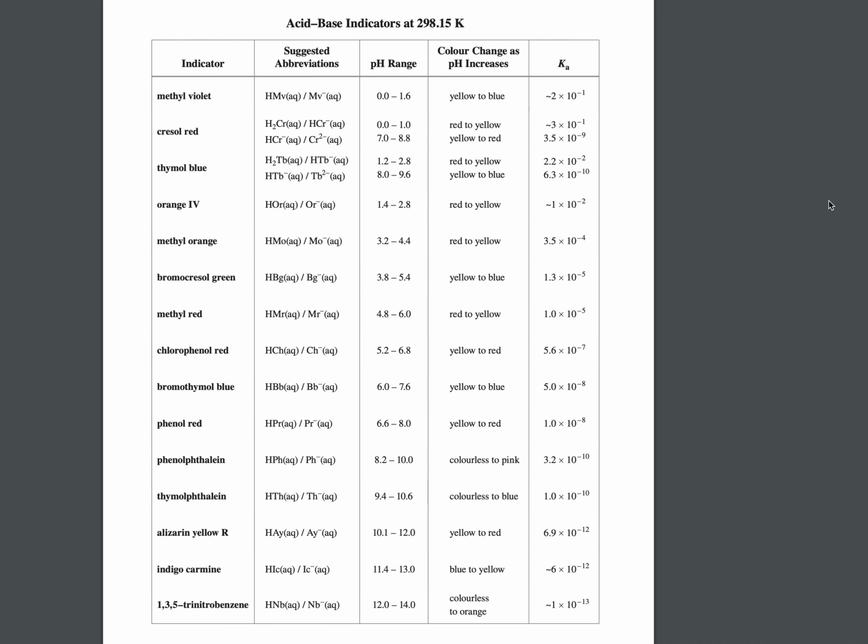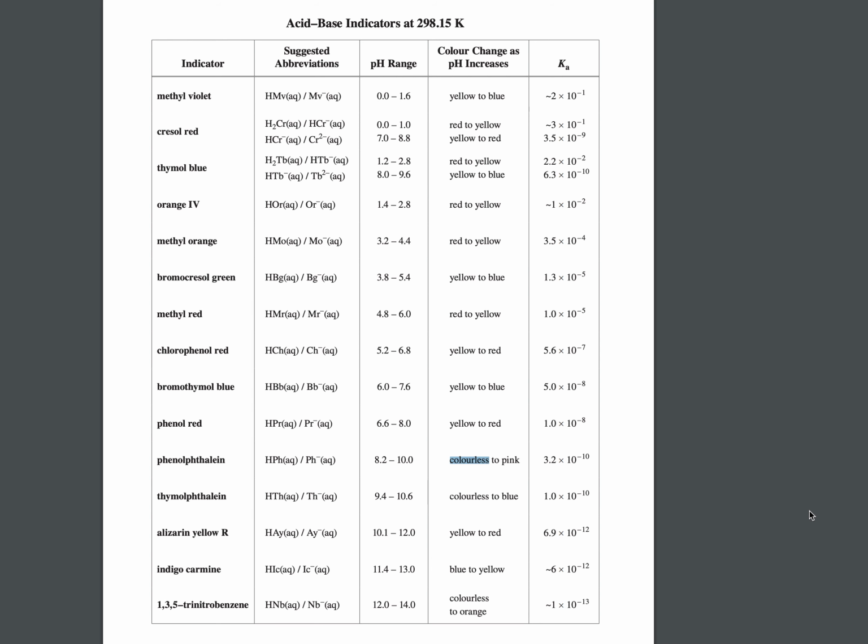The other thing I want to point out is that a couple, like phenolphthalein, have colorless as one of their colors. Colorless just means that it looks like regular water. It's not that it's see-through, all of these will be see-through. It's not that it's transparent, it's that it lacks color entirely.